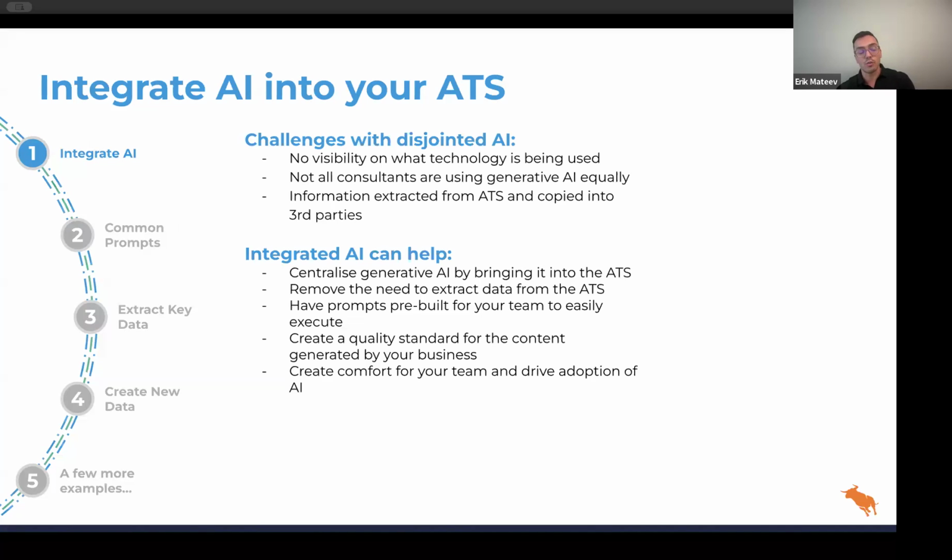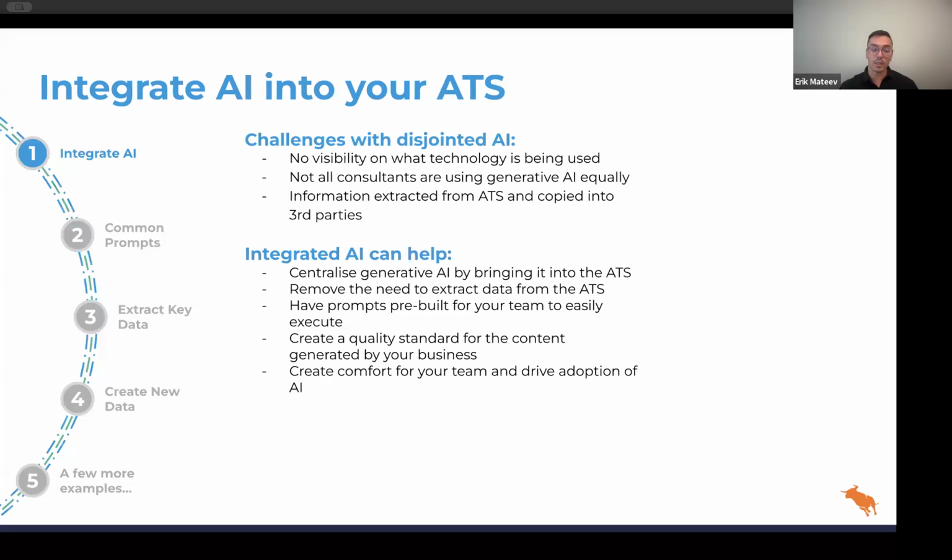If we think about the challenge of people not knowing AI at the same levels, you can have prompts that are already pre-built for them based on your best practices, what you deem a good quality piece of content, and then you can just have your team easily execute on those just by clicking a button, right? And something we're going to talk about more in a few moments. It's a great way to also standardize the quality of content that is being associated to your business and that your team can then distribute out to your candidates and clients.